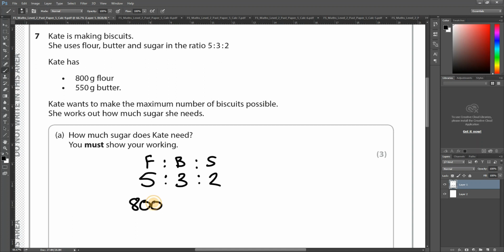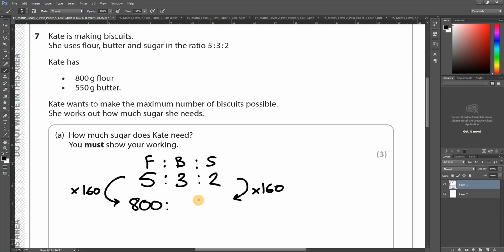That's going to go underneath the flour here. So how do you get from 5 to 800? In my calculator, I'm doing 800 divided by 5. And I get 160. So this must be 160 times bigger than the 5. So if that's 160 times bigger, let's do the same for the other numbers.